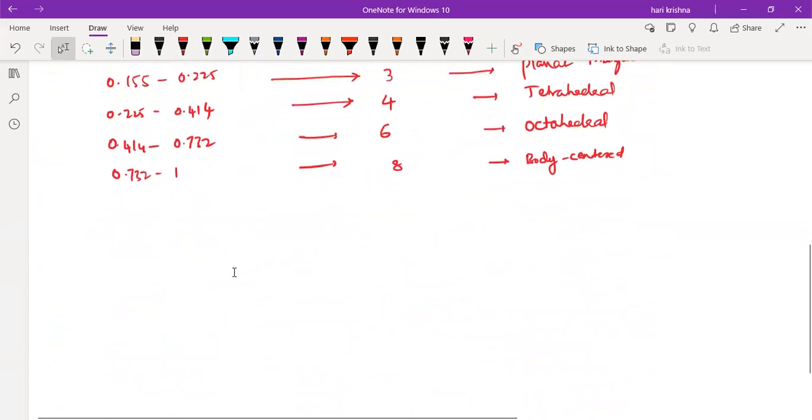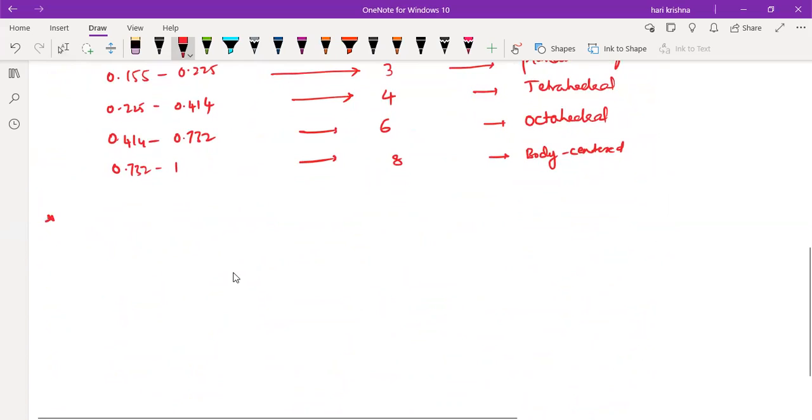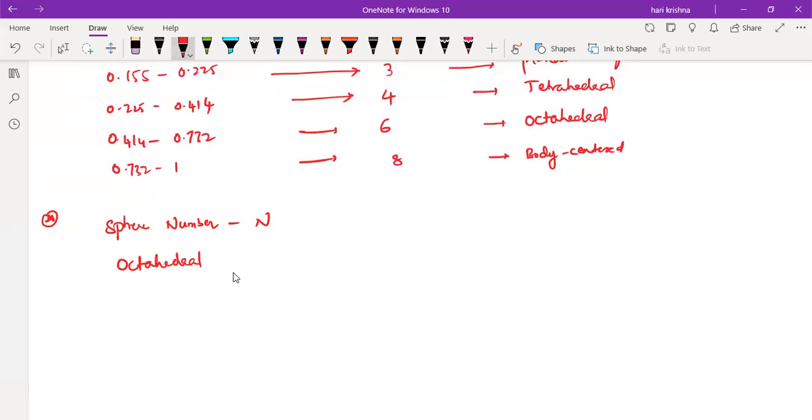So after this, we studied about the number of voids and spheres in the packing. Suppose the number of spheres is n, then what is the total number of tetrahedral voids and octahedral voids?